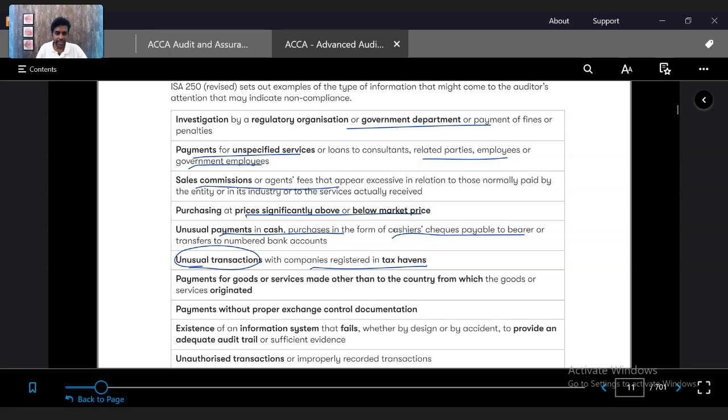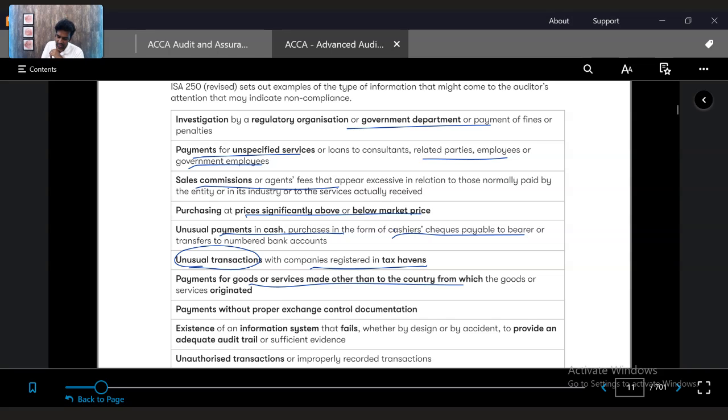So it is not illegal to have shell companies or registered companies in tax havens, but if they do not have such a company, there could be cases where companies in a taxable environment frequently transact with companies in tax havens. That could possibly indicate certain non-compliance related areas or items.